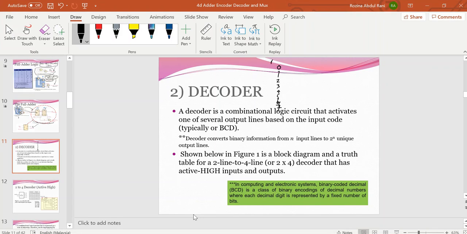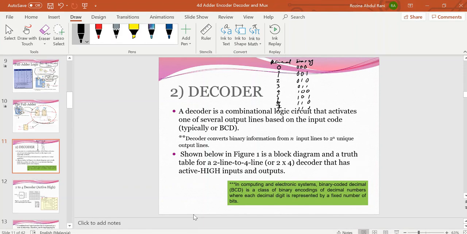So this is a decimal number. Normally a decimal number, if represented in binary: 0 is 0, 0, 0. 1 is 0, 0, 1. 2 is 0, 1, 0. 3 is 0, 1, 1. 4 is 1, 0, 0. 5 is 1, 0, 1. 6 is 1, 1, 0. 7 is 1, 1, 1.